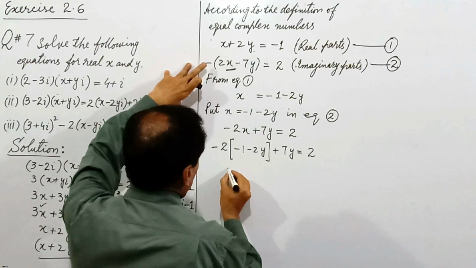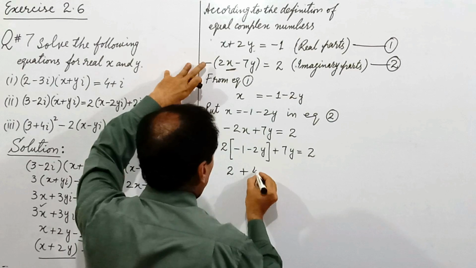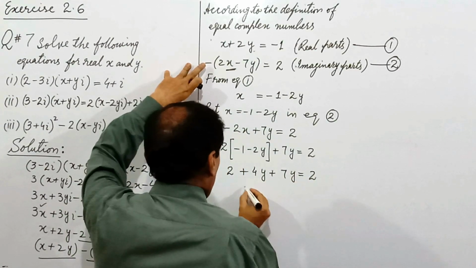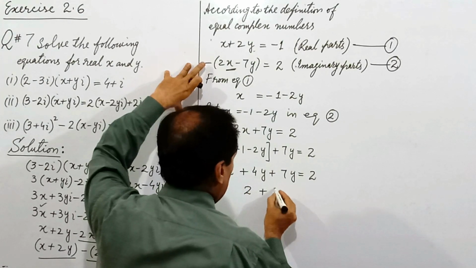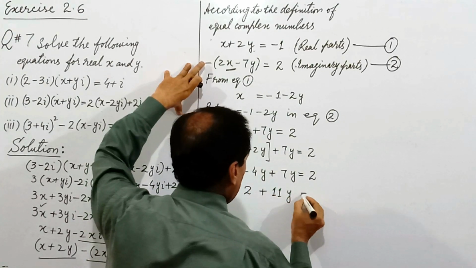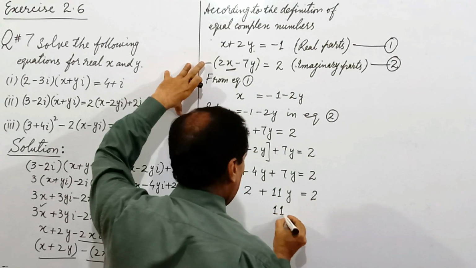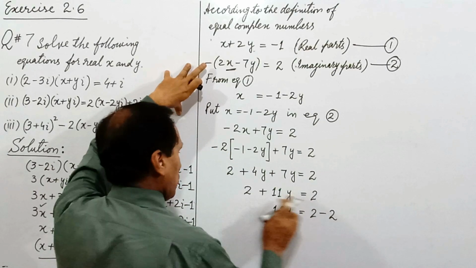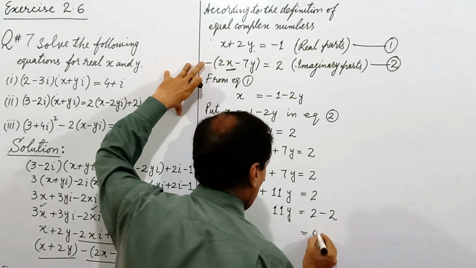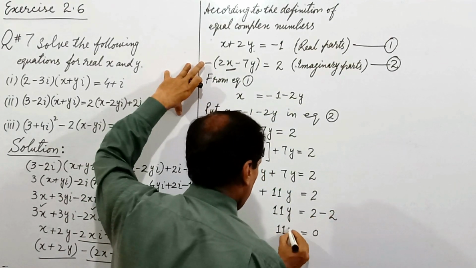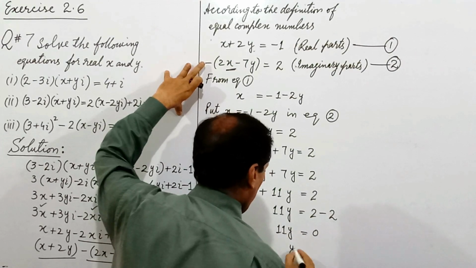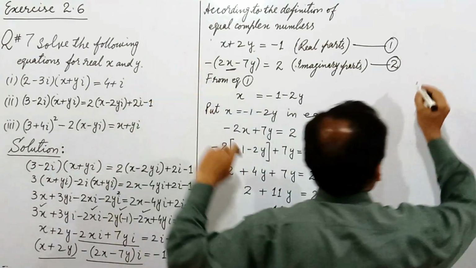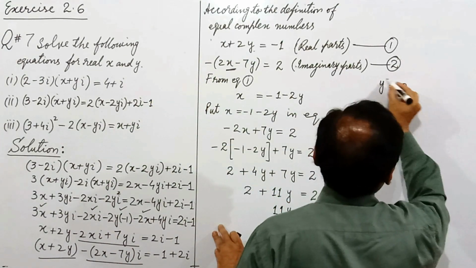Minus times minus is plus 2, minus times minus is plus 4y, so 4y plus 7y is equal to 2. 4 plus 7, 11y is equal to 2. 11y is equal to 2 minus 2. 2 is taken to the right hand side because it is minus 2, and that is equal to 0. So y will become equal to 0 over 11, and hence y is equal to 0.